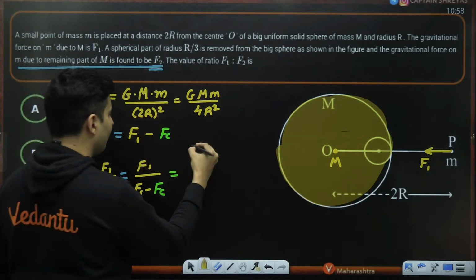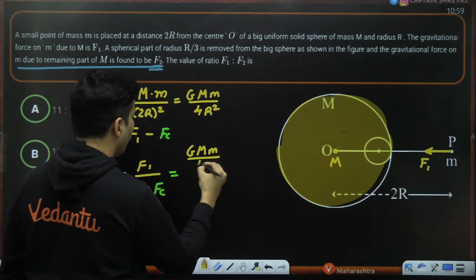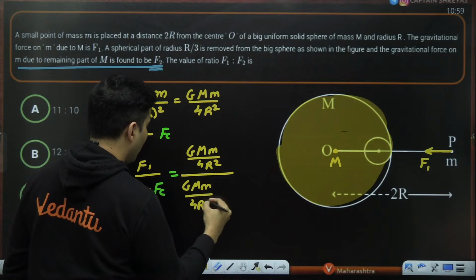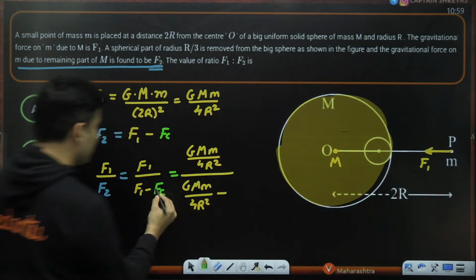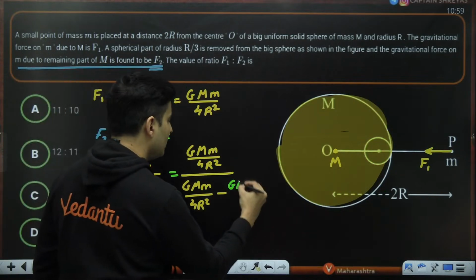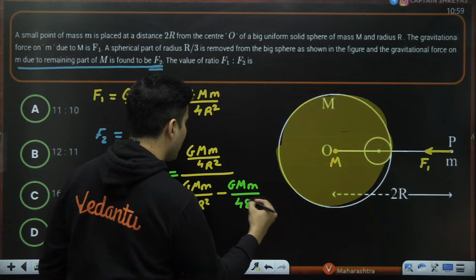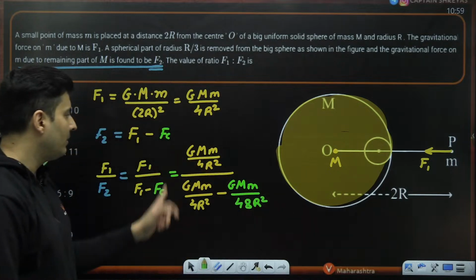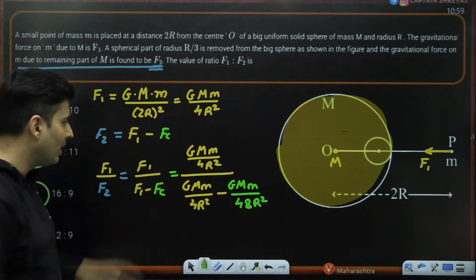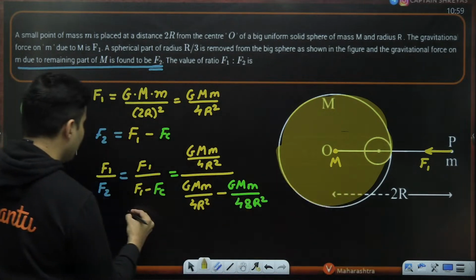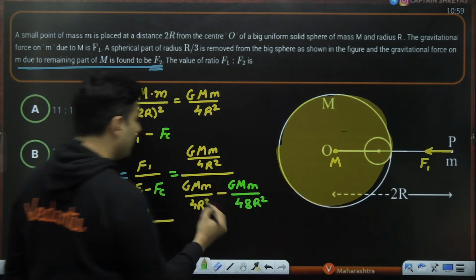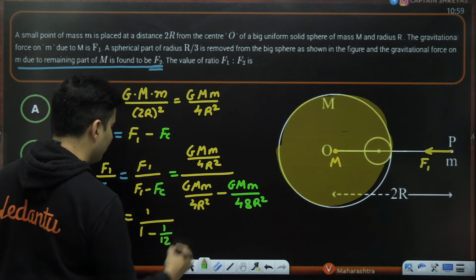F1 is nothing but GMm divided by 4R square, minus the force due to the cavity, which was GMm by 48 R square. GMm gone, R square gone, 1 by 4, 1 by 4 also gone. So I will be left with 1 divided by 1 minus 4 by 48, which will be 1 by 12. Is that right?